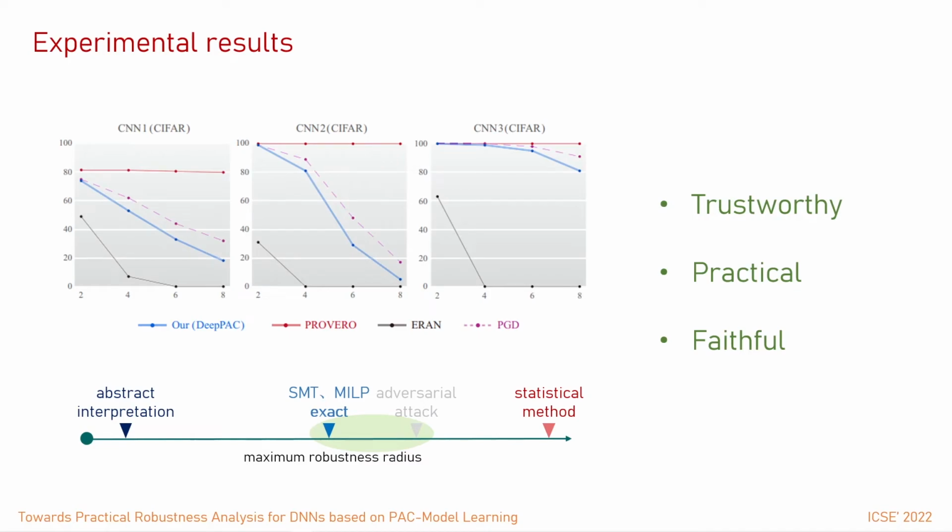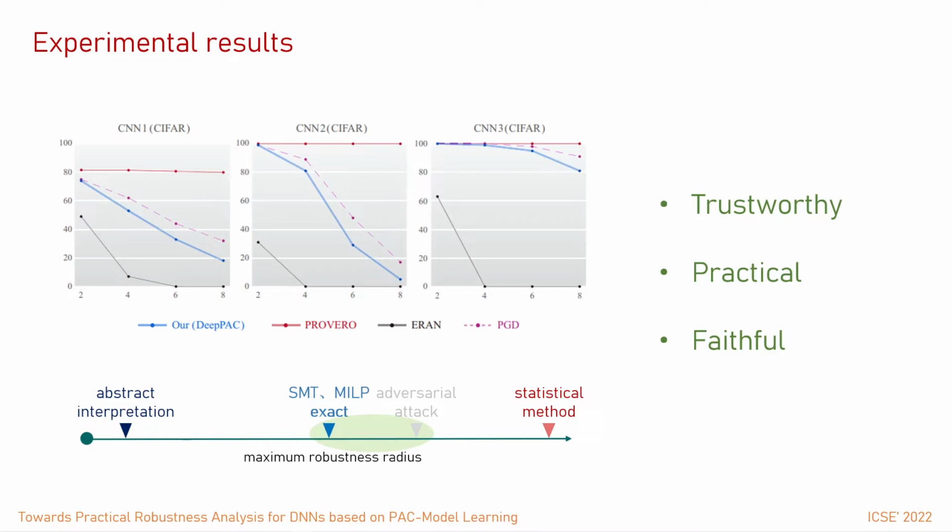Other than the maximum robustness radius for a fixed input, the overall robustness of a DNN, subject to some radius value, can be denoted by the rate of the inputs being robust in a dataset, called the robustness rate. We evaluate the 4 tools on 100 images on 3 CIFAR10 CNNs.